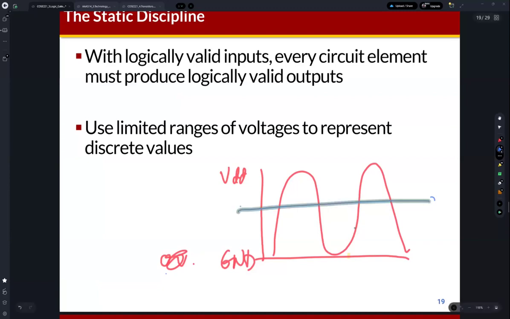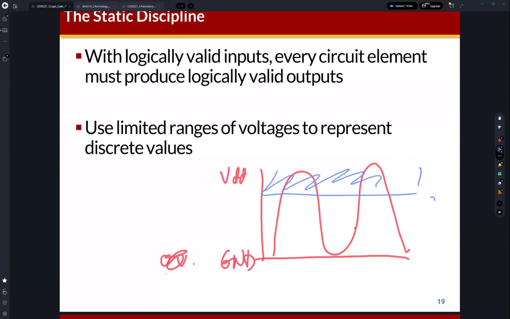But actually, in the real world, this is not true. We can say that this range of value is 1, this range is 0, and this is, we don't know. If the signal is in this range, then the system can work incorrectly.